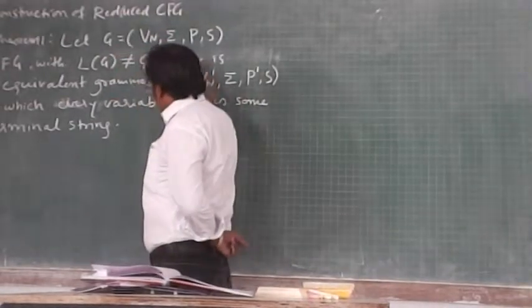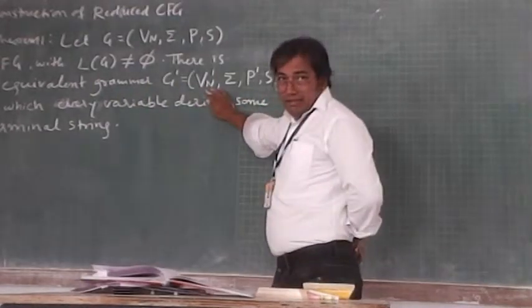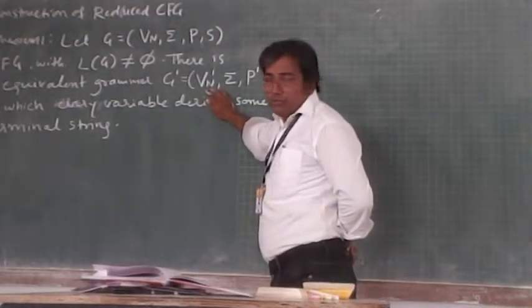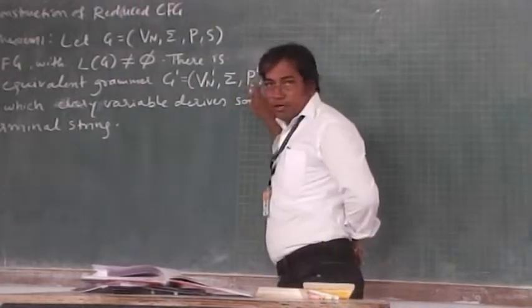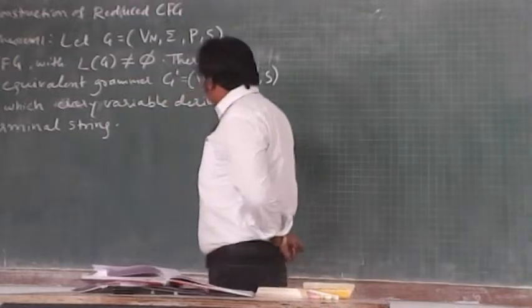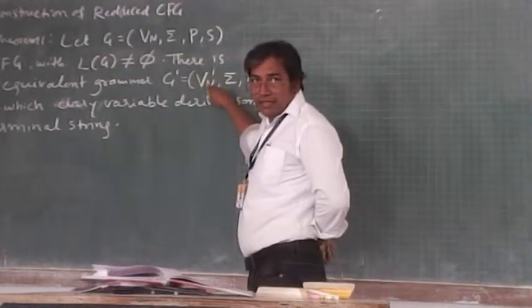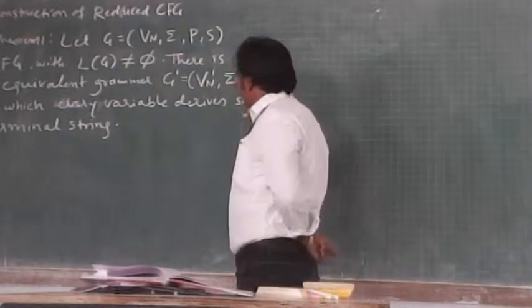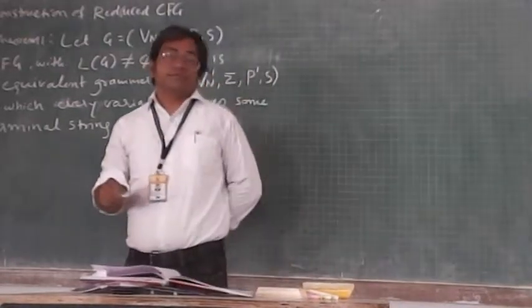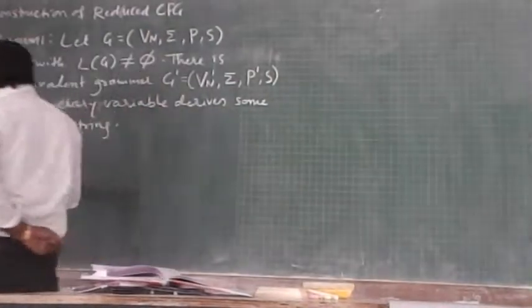For such a grammar we can have an equivalent grammar G dash with a reduced number of variables and a reduced number of productions. In such a grammar, every variable derives some terminal string. Okay? So consider the second theorem.